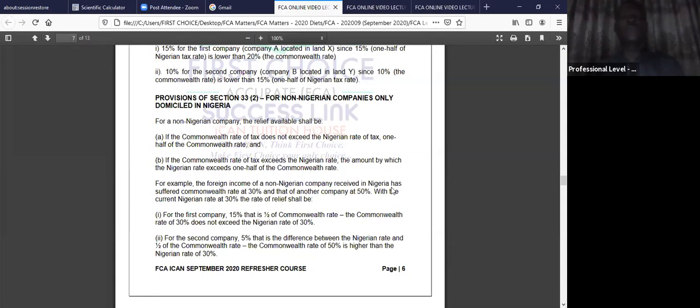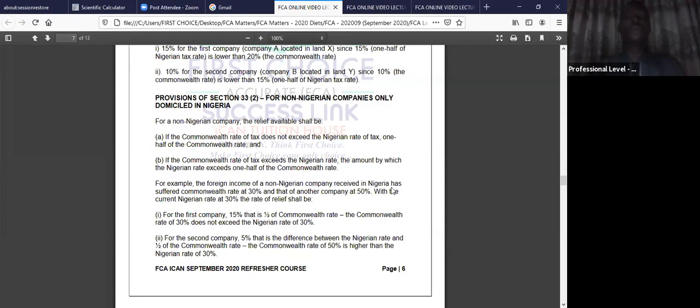Let's take, for example, the Commonwealth rate is 40%, then the Nigerian rate is 30%. You can see clearly that 40% is higher than 30%, right?